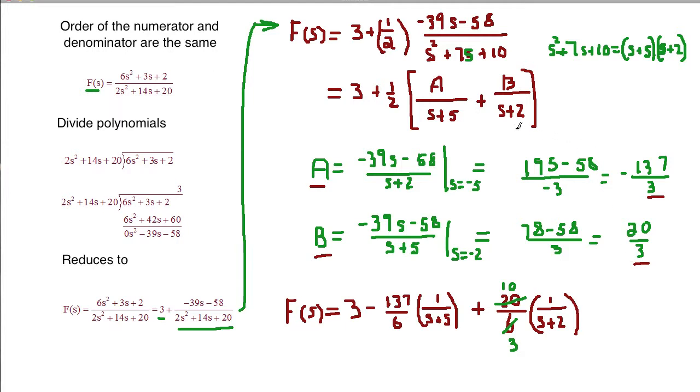So I can plug those values for A and B back up into this expression right up here. When I do that, I get this expression shown down here.